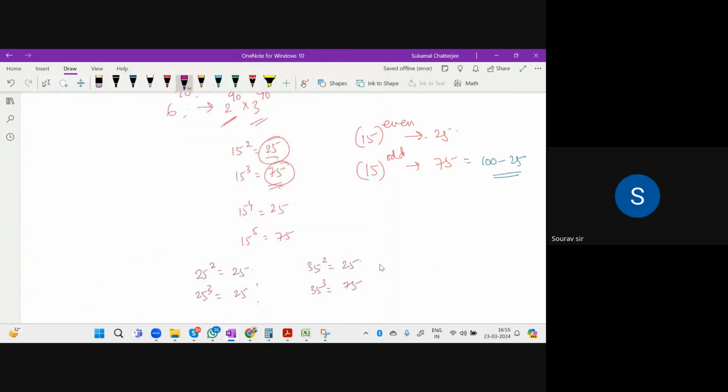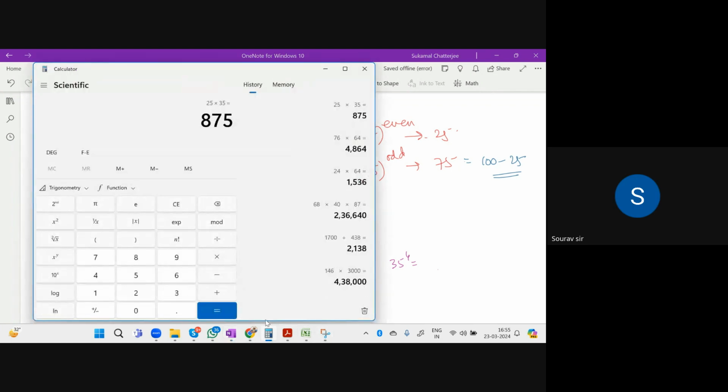Last two digits 75. So what do you expect for 35 to the power 4? 75 into 35, 25.